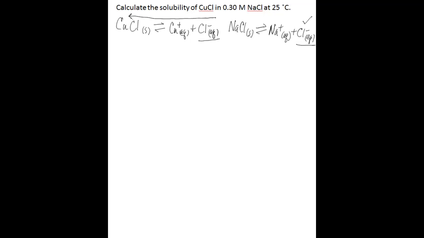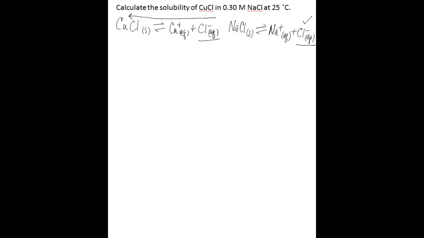So it shifts from products to reactants because there is extra chloride present that the equilibrium wants to get rid of. So it will shift from right to left and form more reactant, so you'll see precipitation of some copper chloride when there is a common ion present, whether it's chloride or copper. In this case, it's chloride.